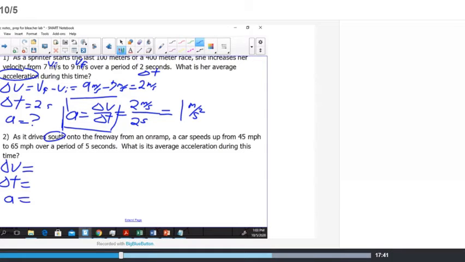Driving south on a freeway, it speeds up from 45 miles an hour. There's your initial. To 65, there's your V final. Over a period of 5 seconds, so there's your delta T. We want to be careful here. What direction is the car traveling? South.